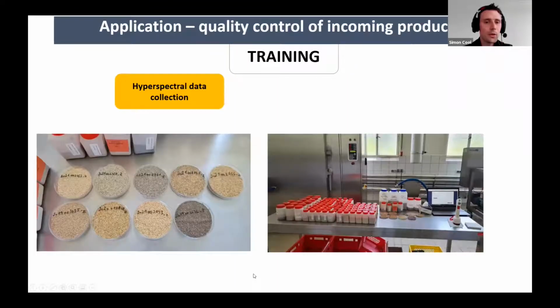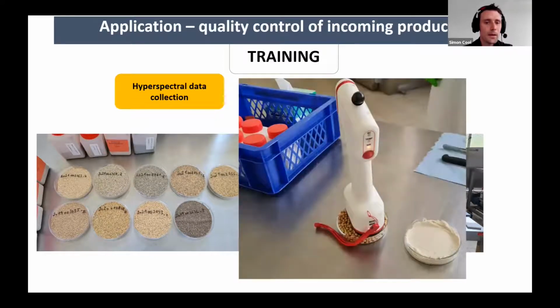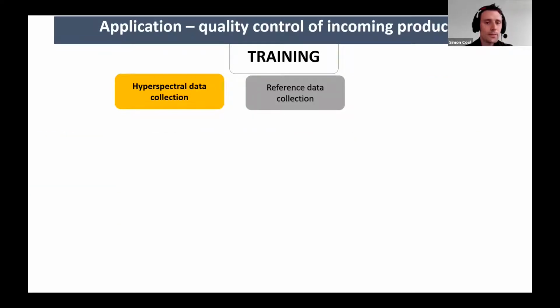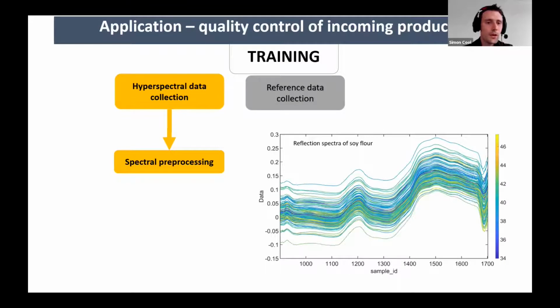Here I give you a little bit more information around the training of the model. So first, hyperspectral data is collected, in this case with the spectrum sensor, of course. Reference data is collected. The hyperspectral data is pre-processed. So here you see an example of the raw reflectance curves colored by the protein level.